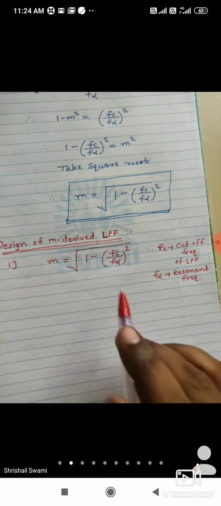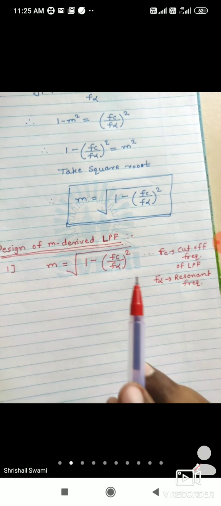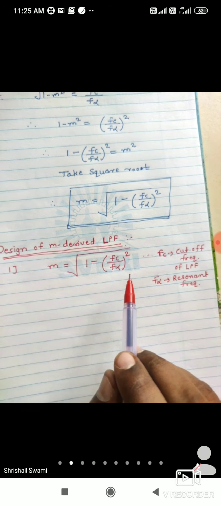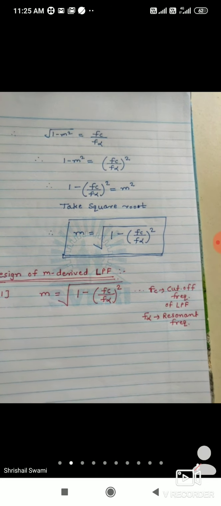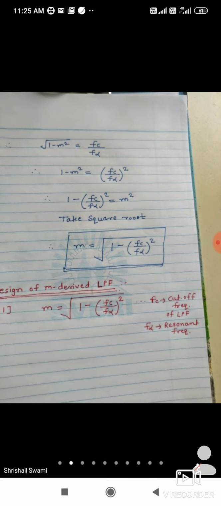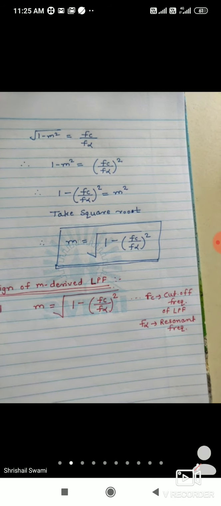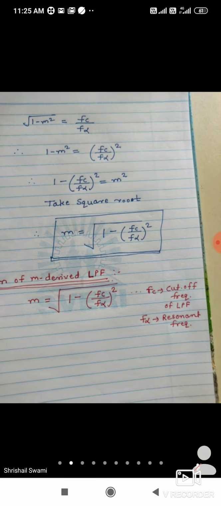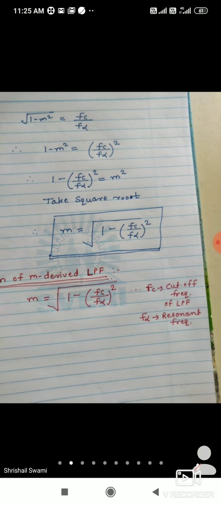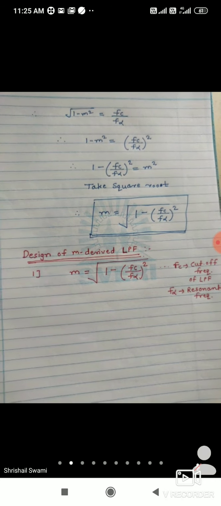So what will be the condition here? Which is greater? The resonant frequency. Which is greater here, resonant frequency or cutoff frequency? The resonant frequency f alpha should be greater than cutoff frequency fc. So this is the condition for getting good characteristics.